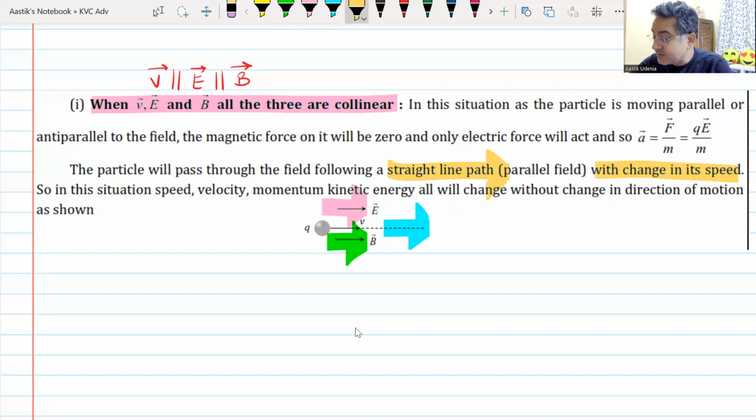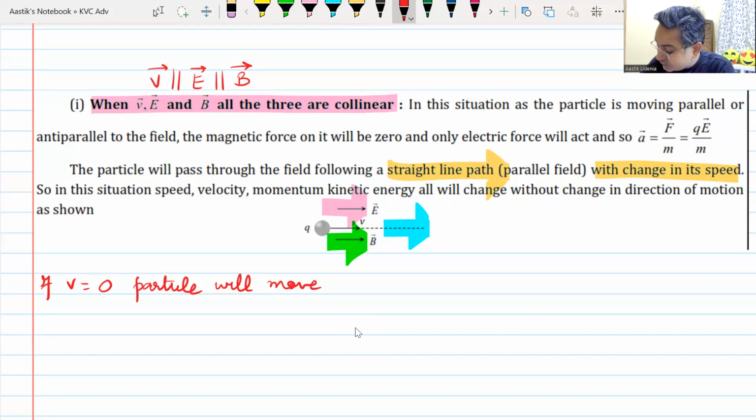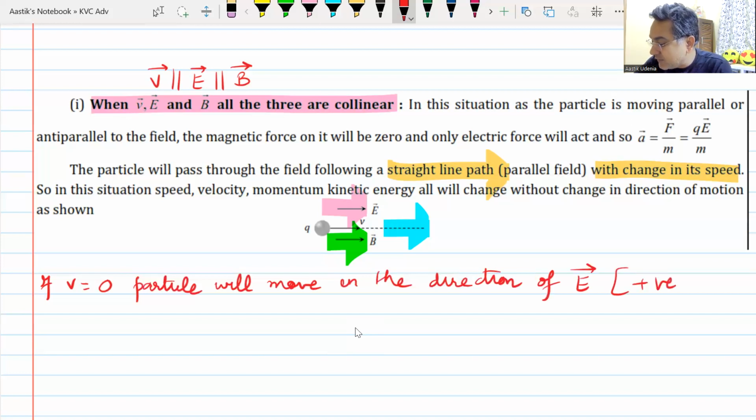The particle will be moving in a straight line in the original direction. If your initial velocity is 0, then the motion would also be the same. The particle will move according to its acceleration. Do we understand this? The particle will move in the direction of the electric field if the particle is positively charged.